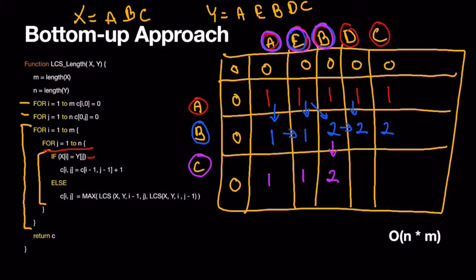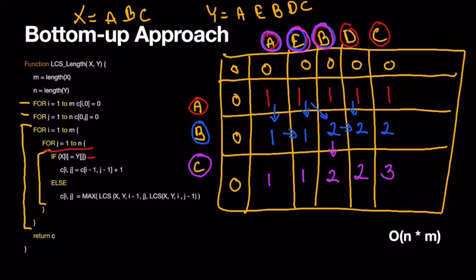And we look at 3 comma 3, just computed. Max value between 2 and 2 is 2. And then C comma C is equal. And we will be looking at 2, 3 is 2, 3. So this is a result.